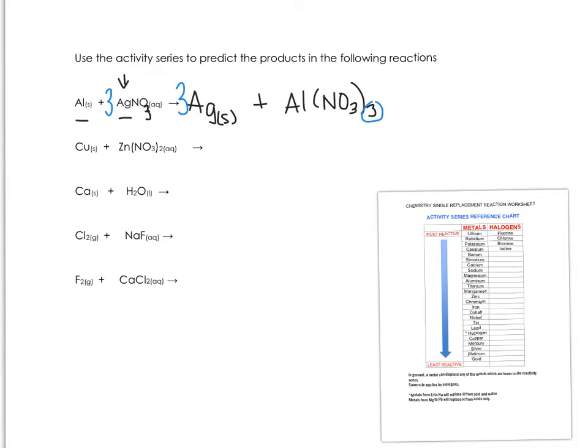Balanced. All right, next one that's a metal example. Copper plus zinc nitrate. So find copper.